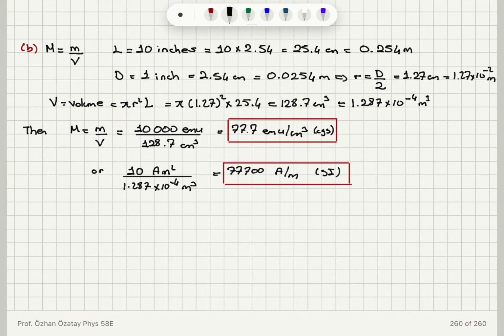And you can also see that 1 EMU per centimeter cube is 1000 ampere per meter. So basically we have multiplied the magnetization in CGS with 1000.